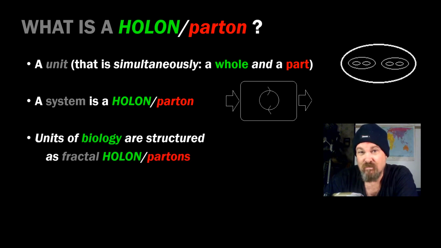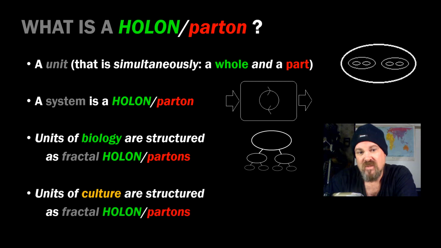So units of biology are structured as fractal hold-on partons, so they're self-similar on smaller and larger scales, or sizes, if you like. So there's a symbol for biology, kind of round, curvy.